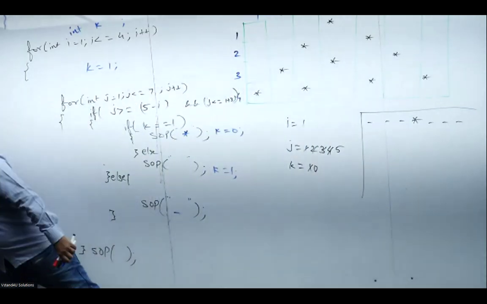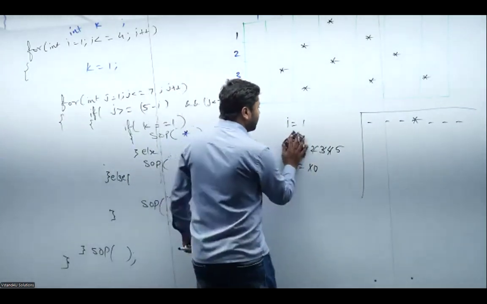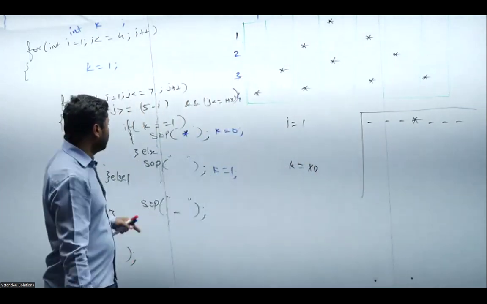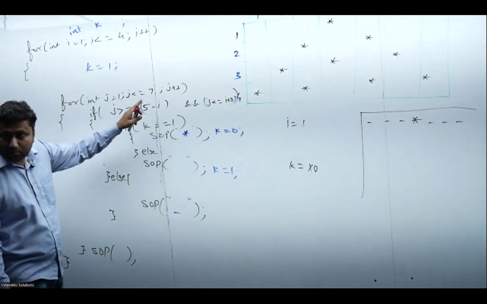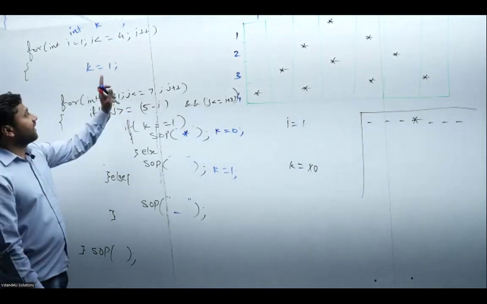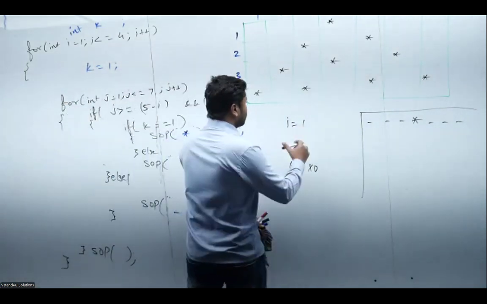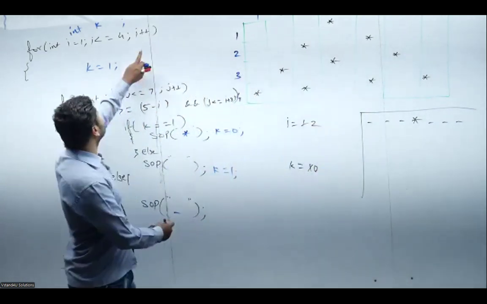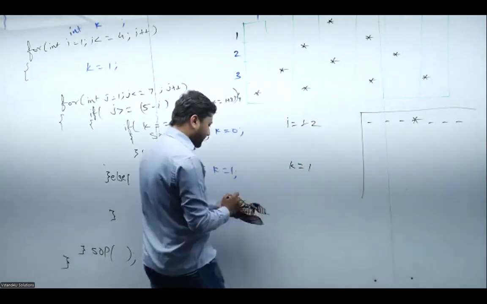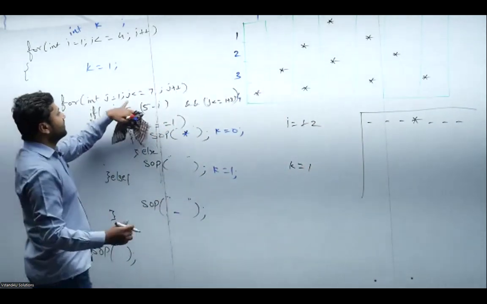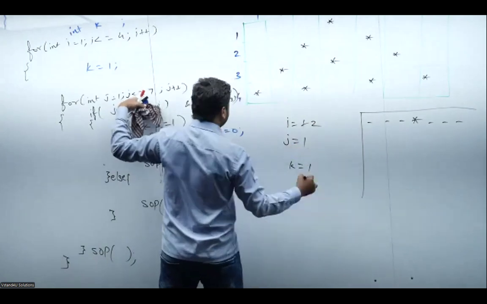After this, we will step out of the loop. Then I will be incremented to 2, sir. If I is incremented to 2, immediately k becomes 1. Then we will start the story of the second row where j I am starting with 1.